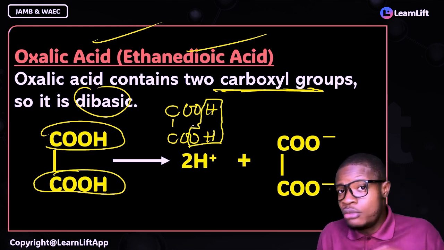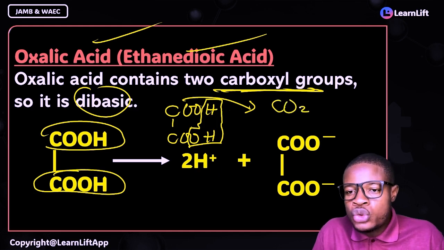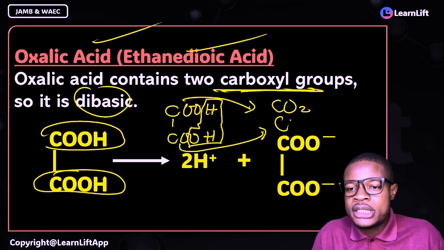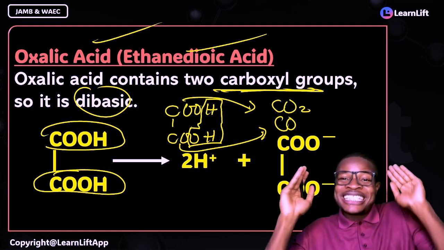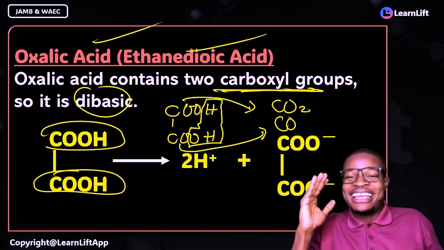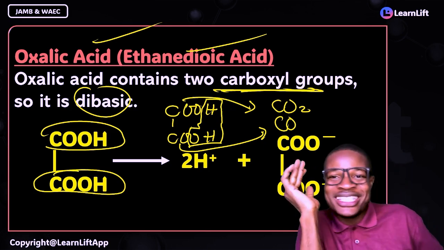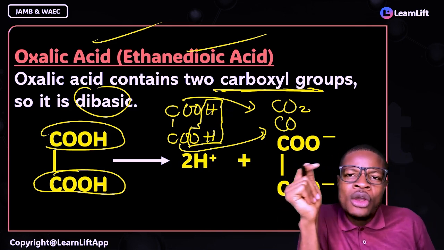So you have removed water. What is left? What is left are CO2 and then your CO. So dehydration of ethane dioic acid will give rise to 2 things: your carbon 4 oxide and your carbon 2 oxide, right? That one is simple. As we move, you are still going to see it. If you understand this very fast, that's everything about basicity of an acid.